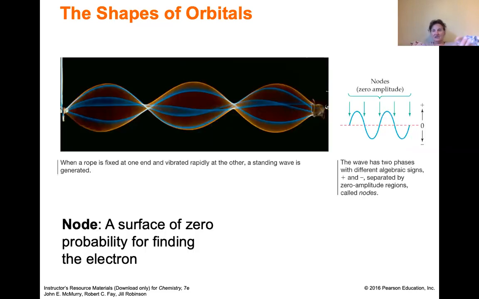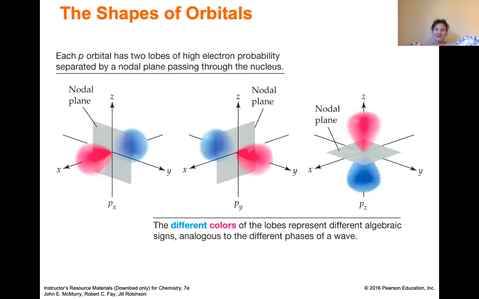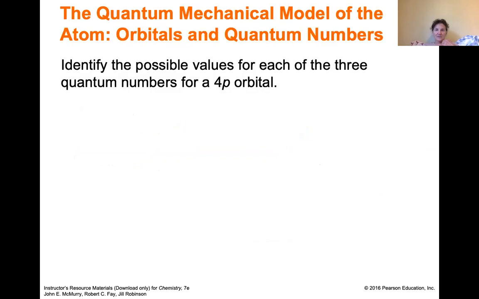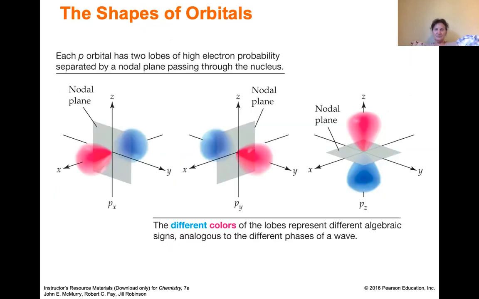So just like here where it's positive, goes through 0 and then goes negative, the pink says it's positive, the plane says it goes through 0, and then the blue on the other side says it's negative. These are just the 3 different orientations of those p orbitals. So a p orbital has 3 possible m sub l's, those 3 possible orientations. And so one can be on the x-axis, one on the y-axis, and one on the z-axis.